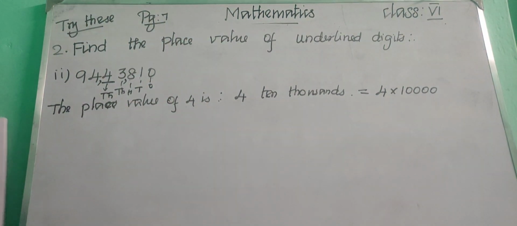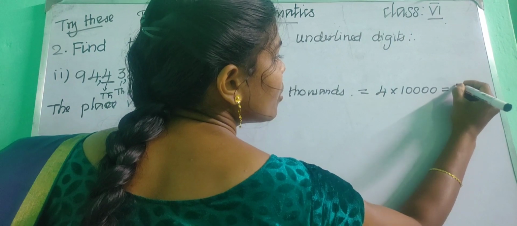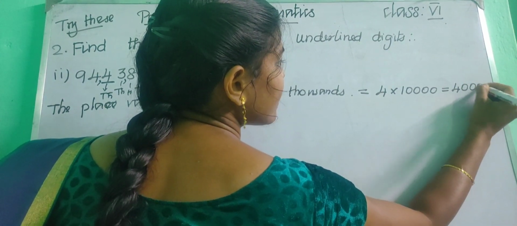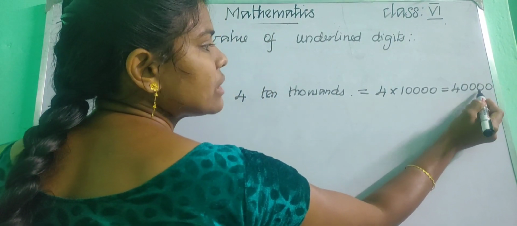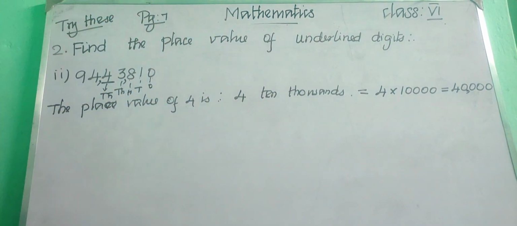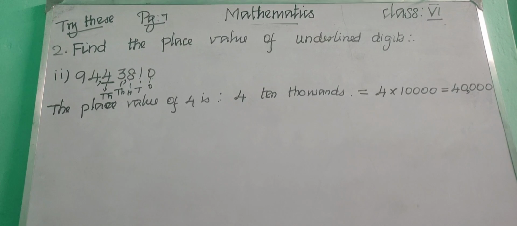So what is the answer? 40,000, and then insert comma. So the place value of 4 is 40,000. Children, is it clear? Copy it in your notebook. This is the answer.